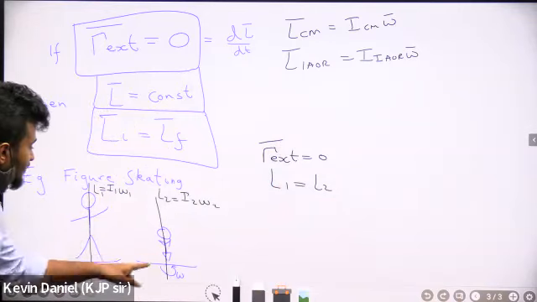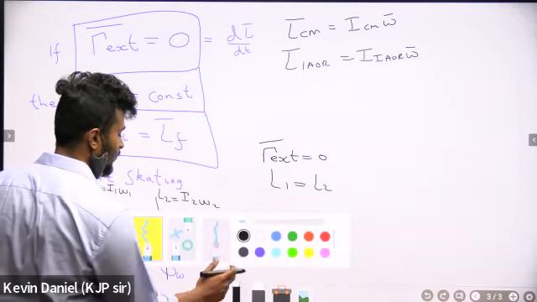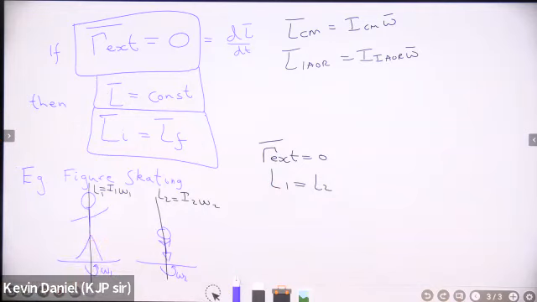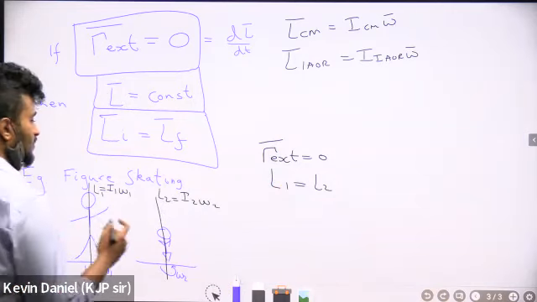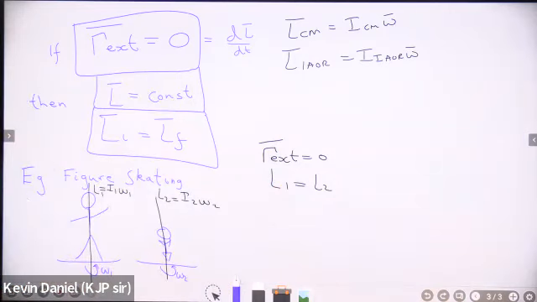Now can you make sense of why his final speed is greater? What is he doing by pulling his hands inward? What is he achieving? Changing the moment of inertia. Is he increasing it or decreasing it?